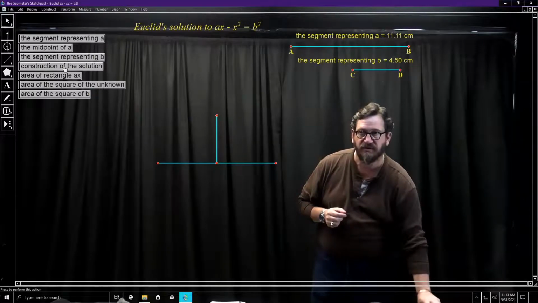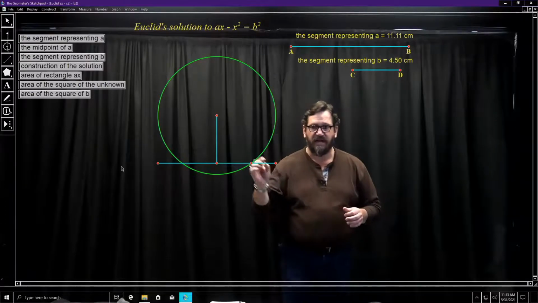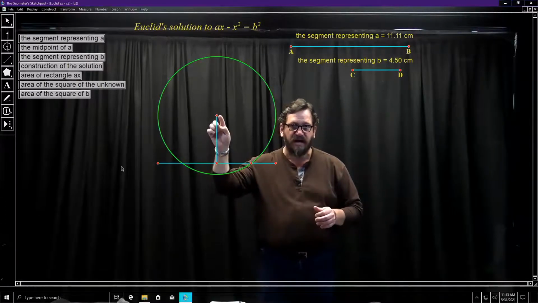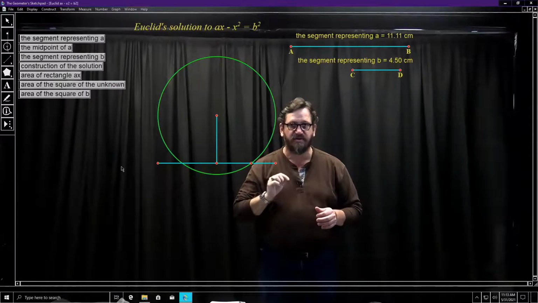Let's construct the solution. And here's the solution. At this point up here at the top of the length B, construct a circle.